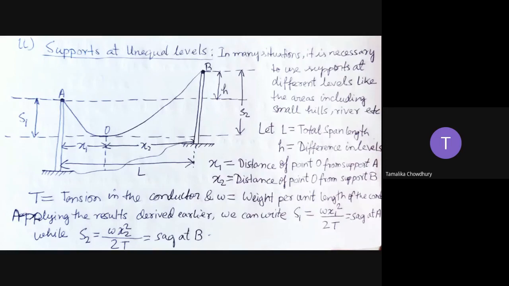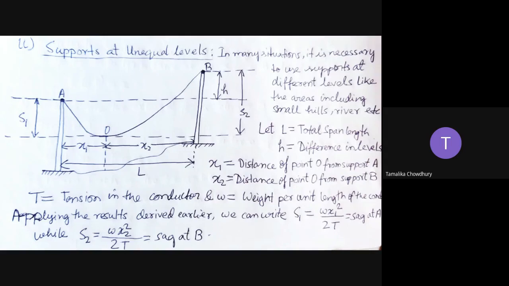Okay. So now we are coming to the parameters. The parameters again, you see capital L is the total span length that remains the same. Now H comes. H is one of the parameters that was not necessary earlier. So H is basically the difference in levels. Now x1 and x2 are the two parameters that we are considering.